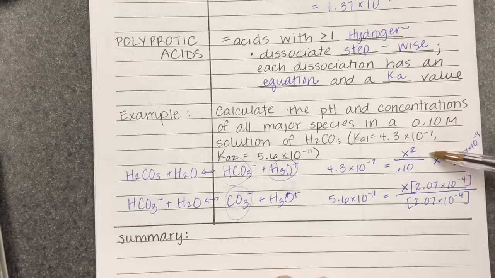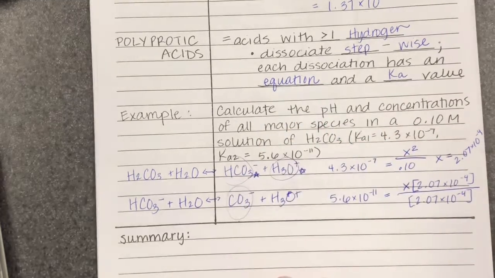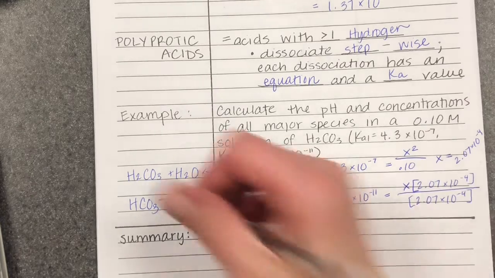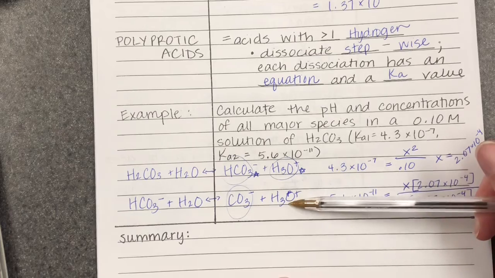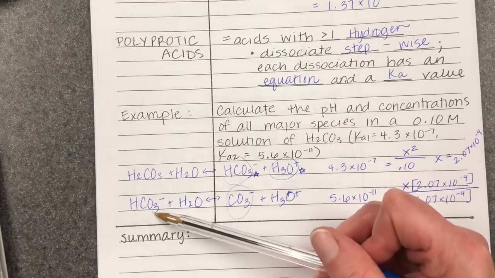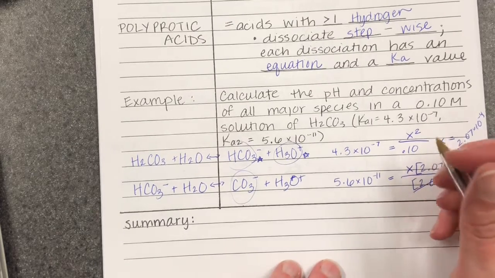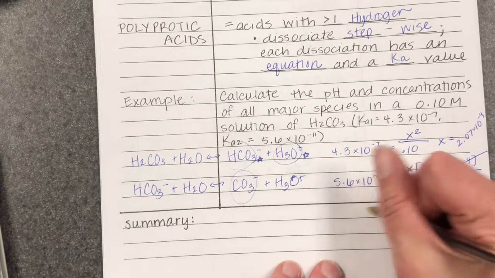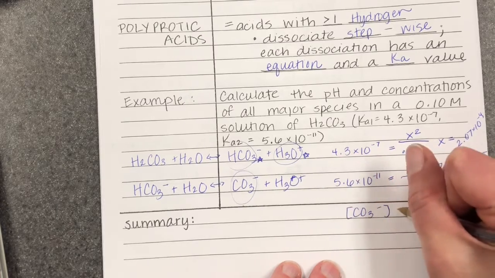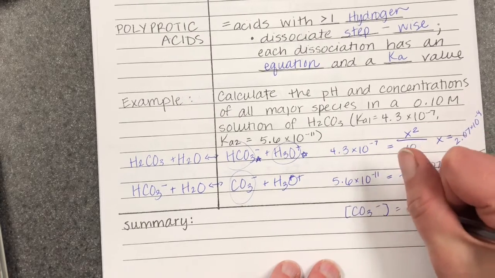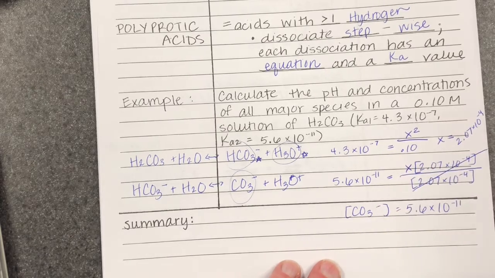Because remember, x represented both of these things, right? It represented this and this in the previous equation. So I see that here as a product, and then I see the other species here as a reactant. So they actually cancel out in this equation, and so the concentration of the carbonate ion is very small. The concentration of CO3 is going to be equal to our Ka value for this equation, 5.6 times 10 to the negative 11th.